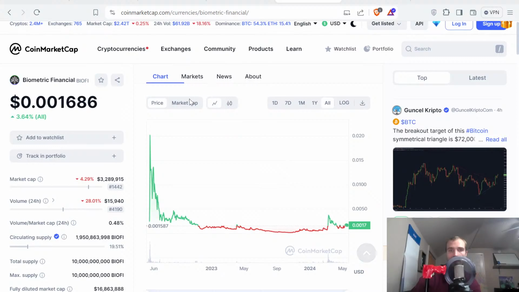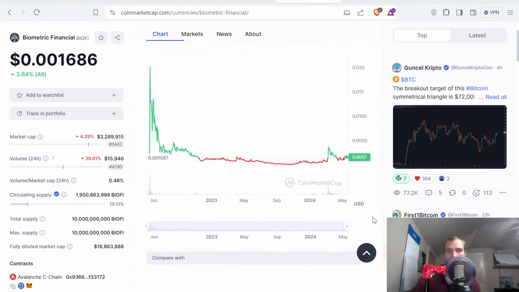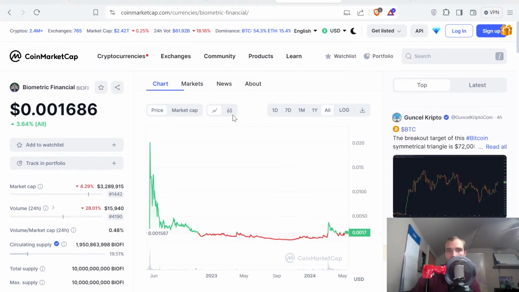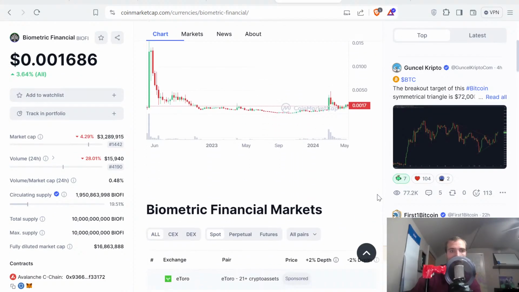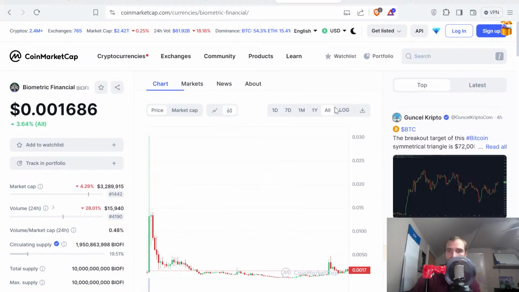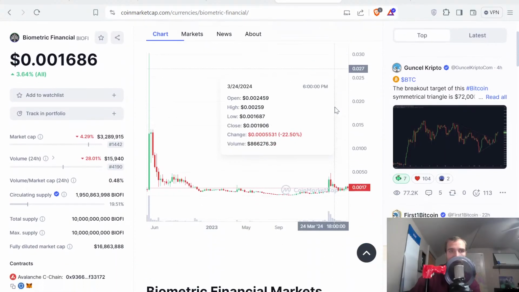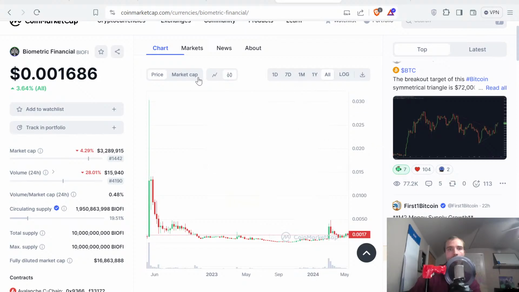Let's pull up a TradingView chart here if we can. Where is it? I would love to pull up a TradingView chart, but it's not working. I can't see where the thing is. Maybe it's normally there. I don't see it right now.